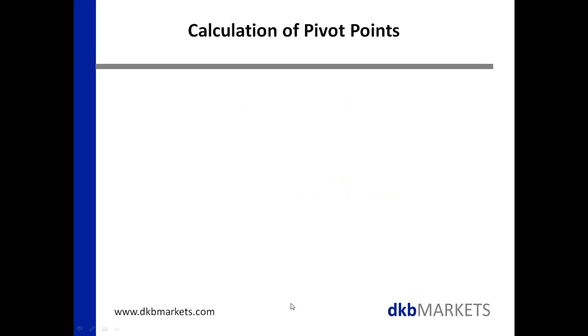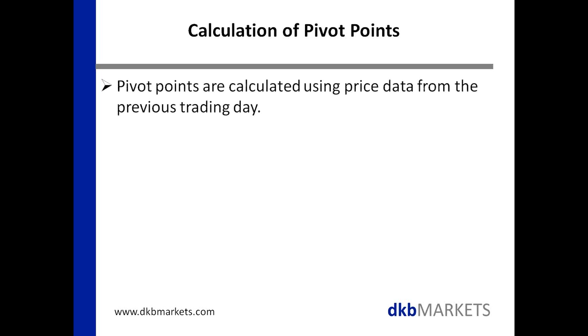So how do we calculate the pivot points that we have on the chart? The pivot points are calculated using price data from the previous trading day. So always remember that, it's sort of a lagging thing.